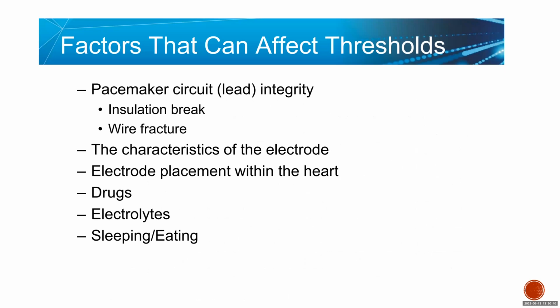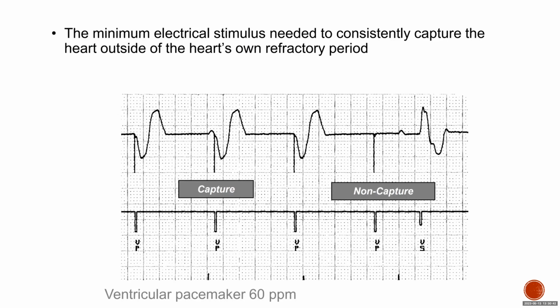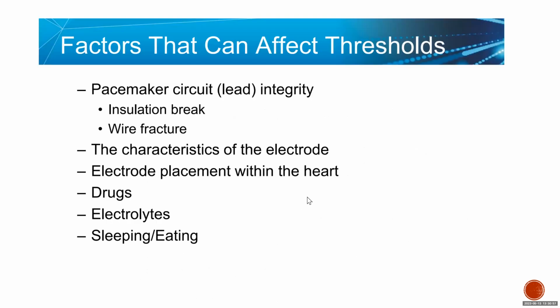What we said, the sensitivity depends on the location of the lead, right? How large does it see? And then we program the threshold. So the threshold for pacing is the same, but why the capture threshold is high or low, there are multiple factors. Some related to the lead itself.